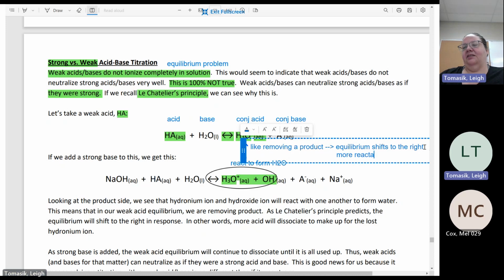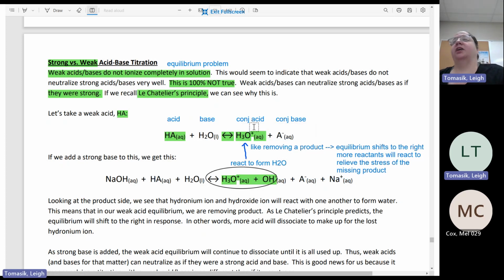More reactants will react to relieve the stress of the missing product.